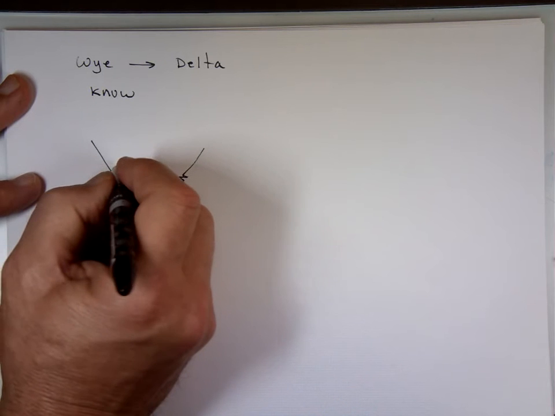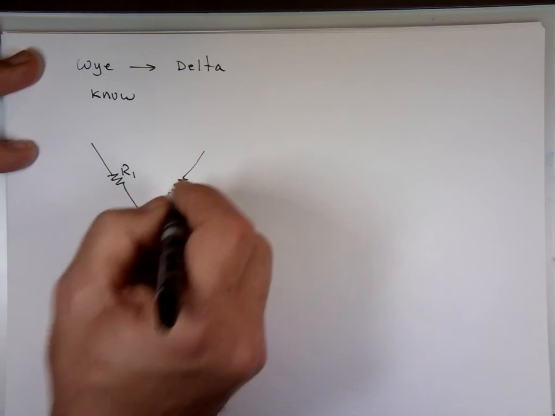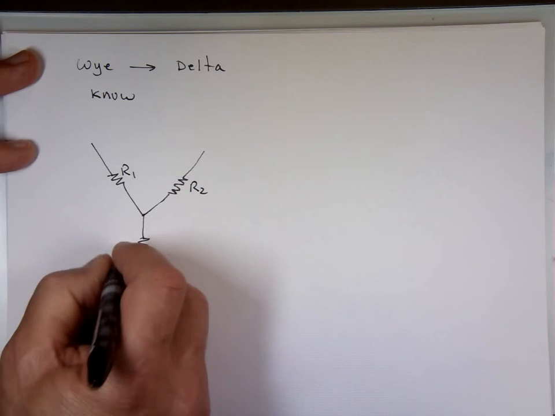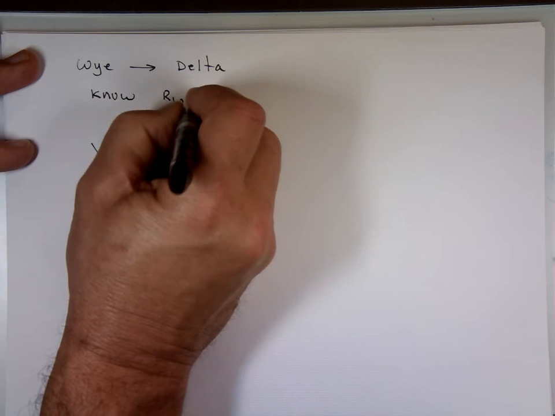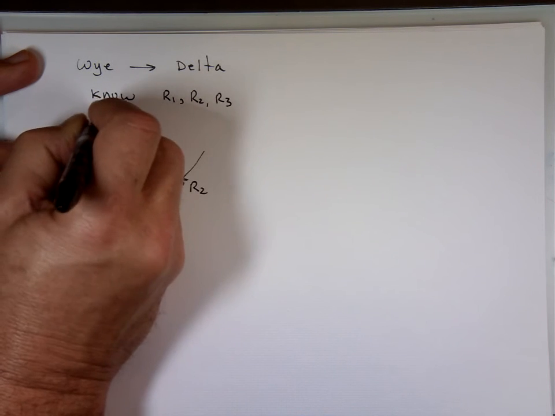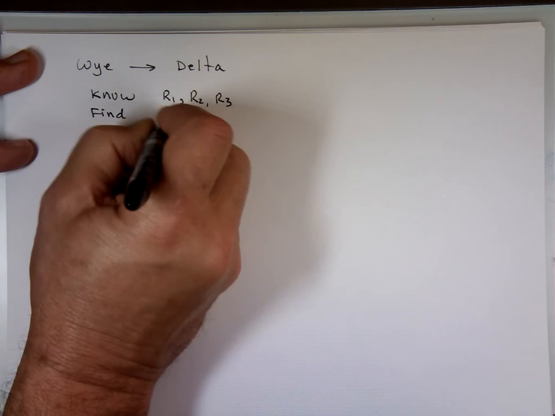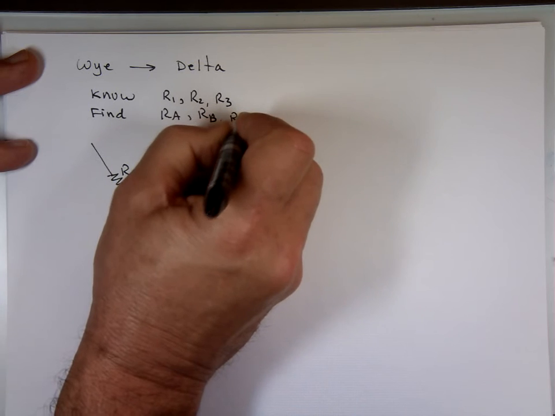What did I call them? R1 here, R2, R3. So you know R1, R2, and R3, and you want to find RA, RB, and RC.